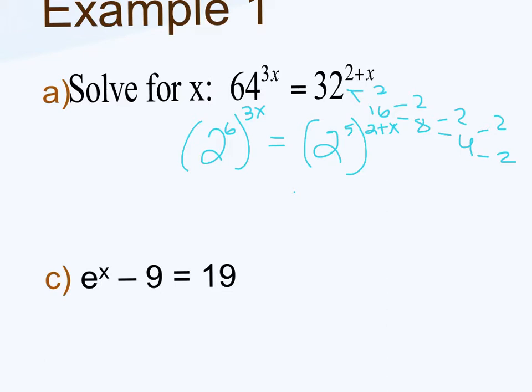Everybody with me so far? Yes? Okay, then I have to multiply out my exponents. So this becomes 2 to the 18x, and this becomes 2 to the 5 times 2 and 5 times x, so 10 plus 5x.